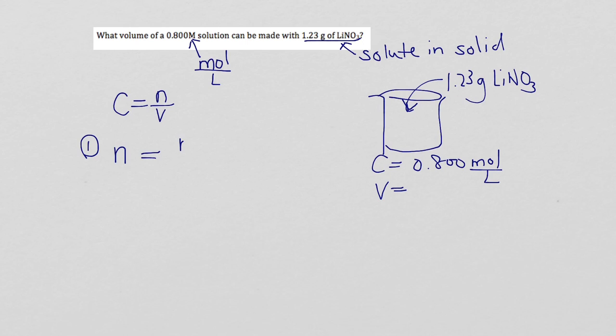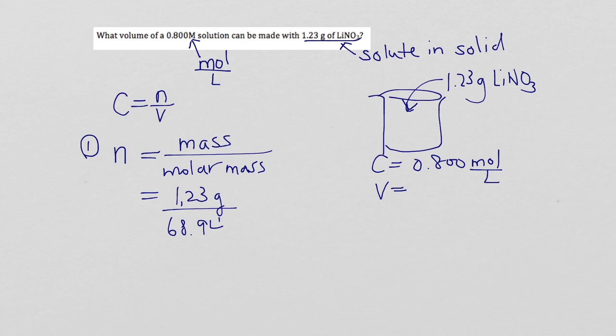Moles is equal to mass divided by molar mass, which is equal to 1.23 grams divided by the molar mass of lithium plus 1 nitrogen plus 3 oxygens, which is 68.941 grams per mole.